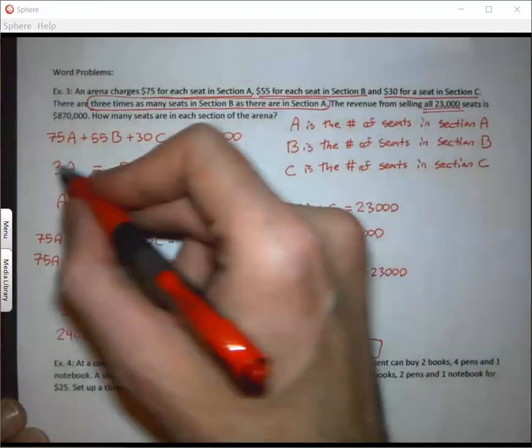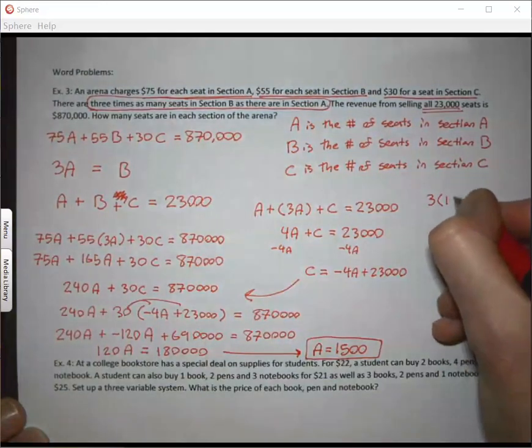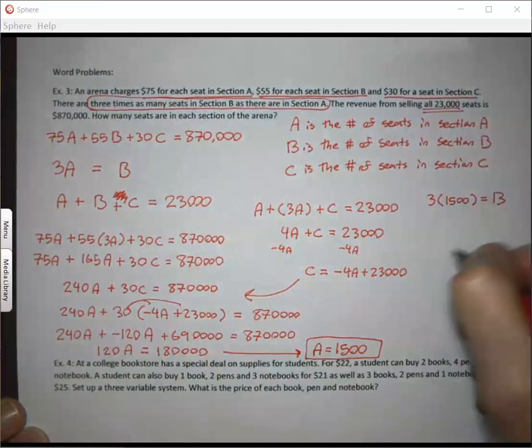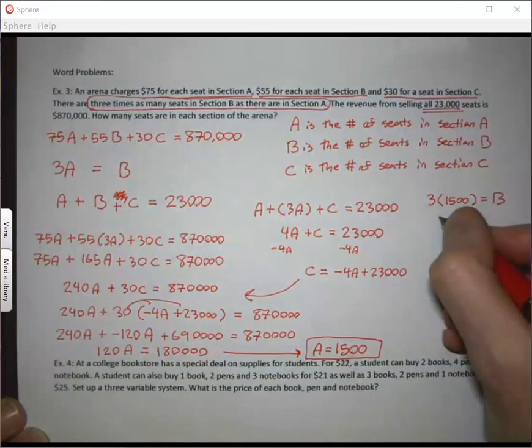You know from here, 3 times A, which we found, is equal to B. 3 times 1500, 4500.